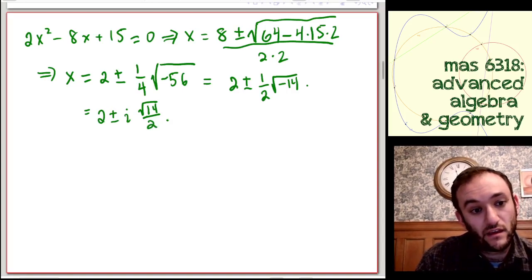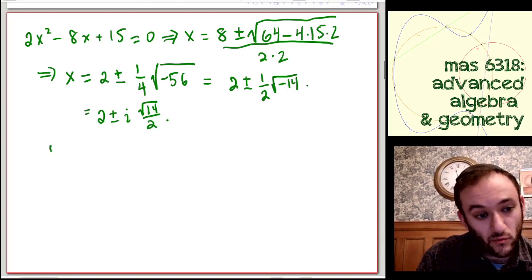Okay? And now to get the corresponding y values, you just take y equals 4 minus x.